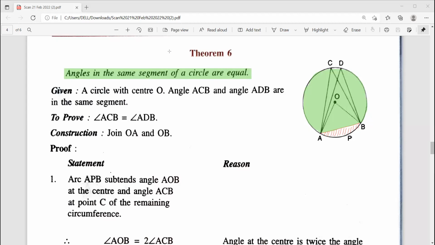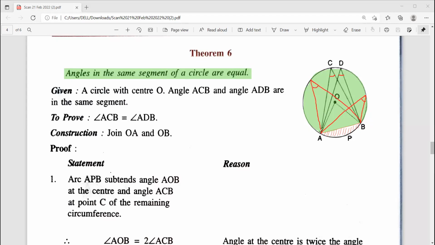Here you have this angle and this angle. They are angles in the same segment. I can have a few more angles like that. This angle is also in the same segment. You can have infinite such angles. Remember that.